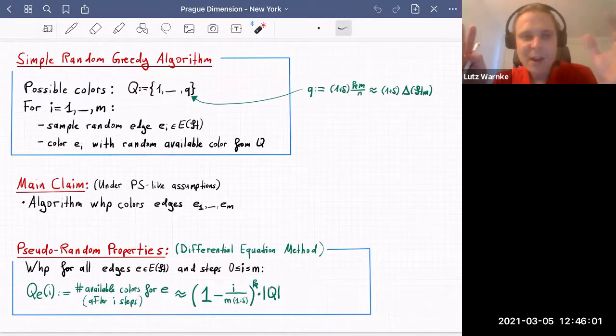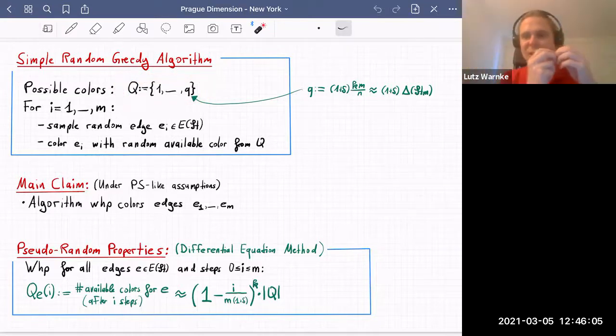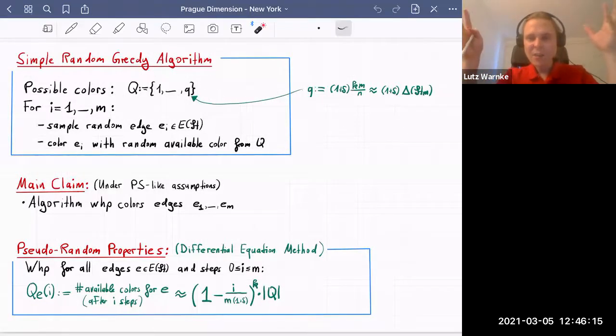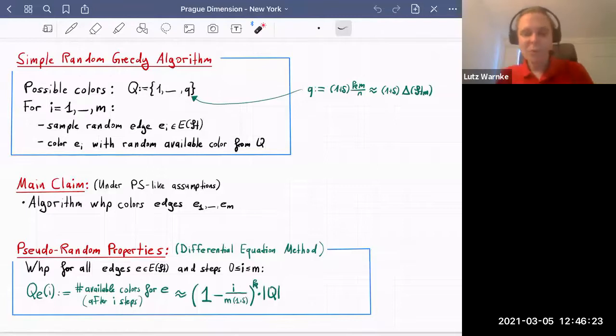At each time in your algorithm, because you already colored certain edges, at each edge you only have a certain subset of all these colors that are still valid, so that if you use this color, it will not give you a conflict. For each edge, the number of possible colors you can use shrinks over time. From that set of available colors, you each time choose one uniformly at random.